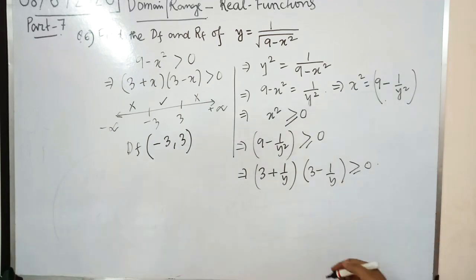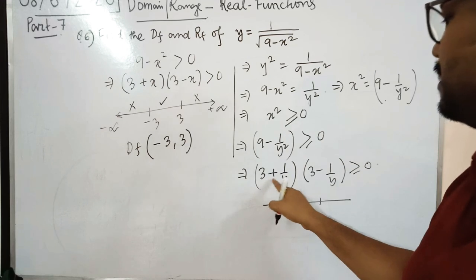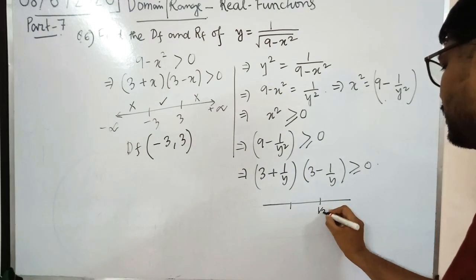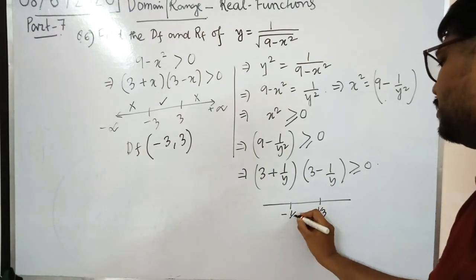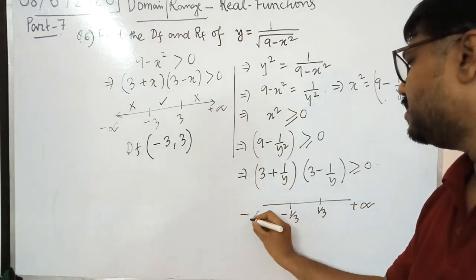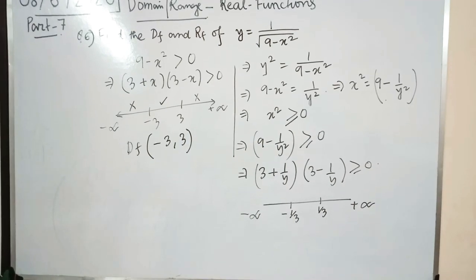So if I solve on the number line over here, I'll get 1 by y equals 3, hence y equals 1/3 or y equals minus 1/3. So this is how the number line is broken into 3 intervals.